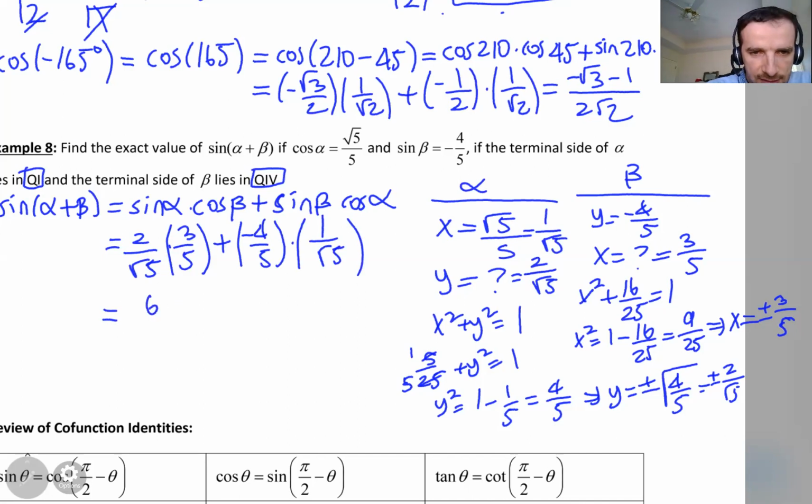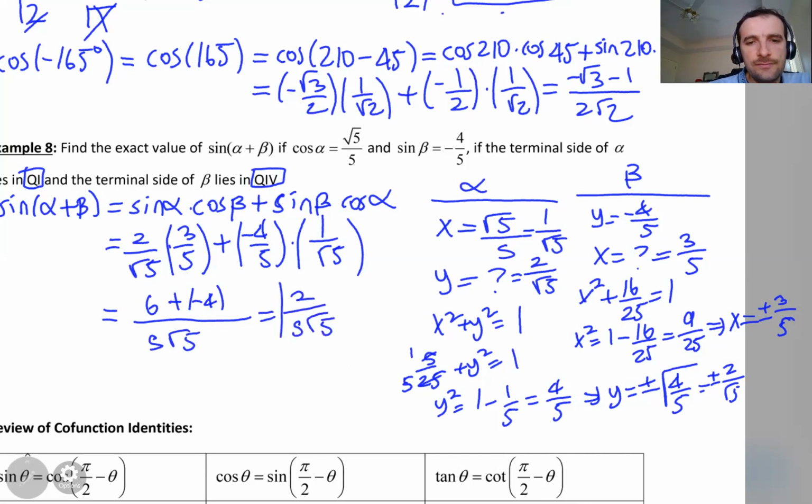The denominators are the same, so I can combine the top part: plus negative 4 times 1 is negative 4 over 5 root 5. So 6 plus negative 4 is 2 over 5 root 5. So sine of alpha plus beta is 2 over 5 root 5. I hope this is clear for everyone.